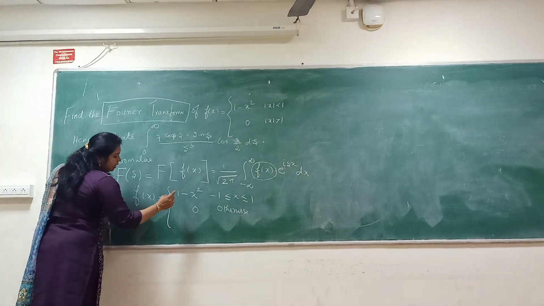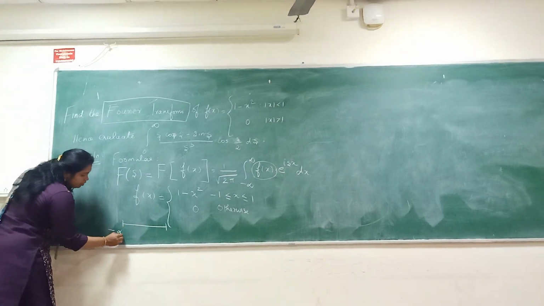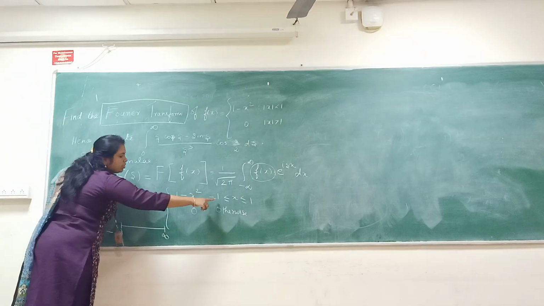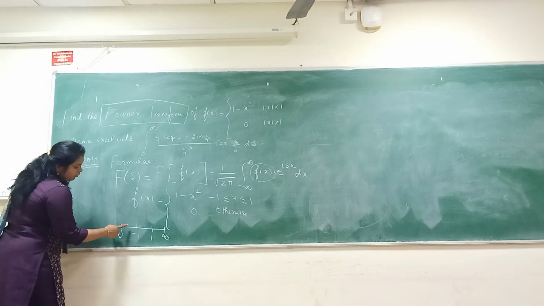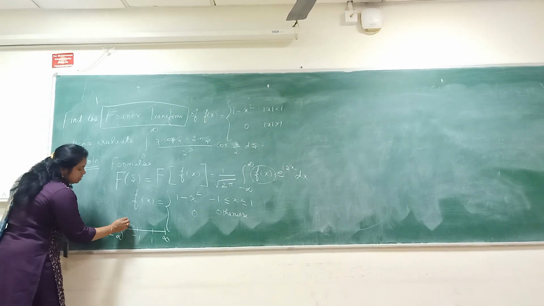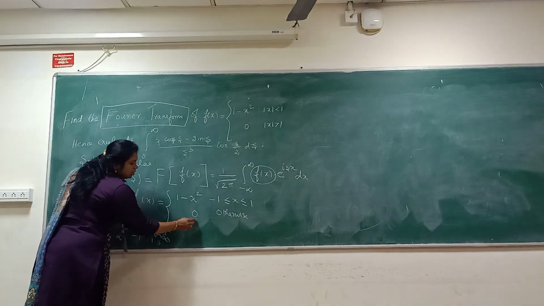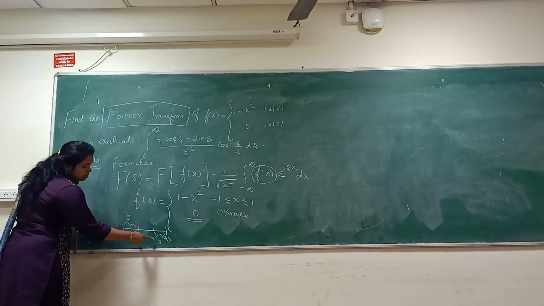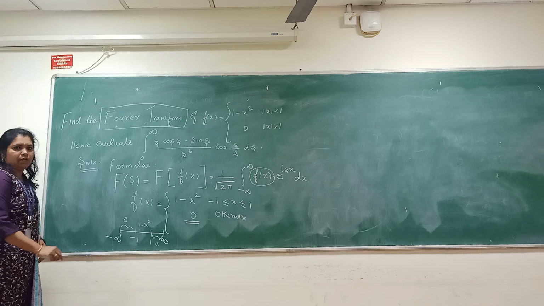The integration limits start from minus infinity to plus infinity, but the function is nonzero only between minus 1 and plus 1. For all other values the answer is 0, as given in the problem, 0 otherwise. For minus 1 to plus 1 the function given is 1 minus x squared.